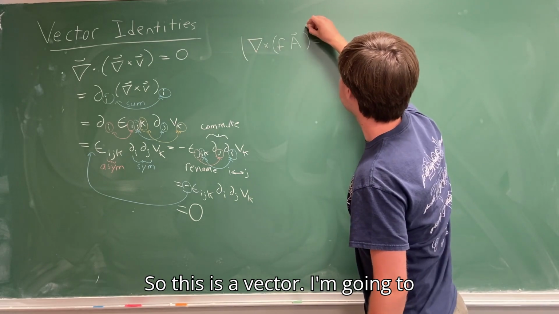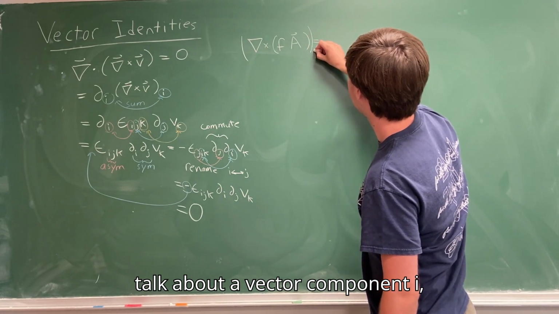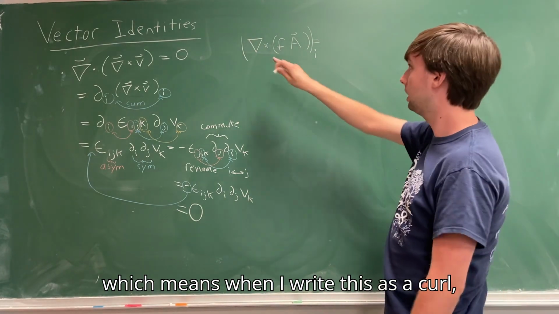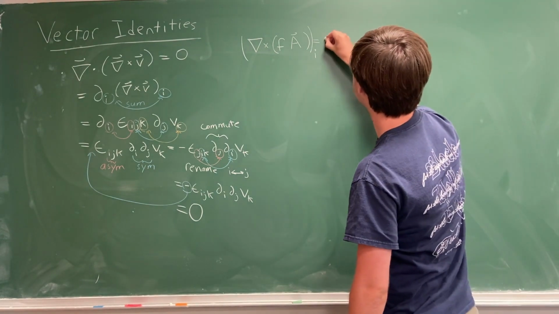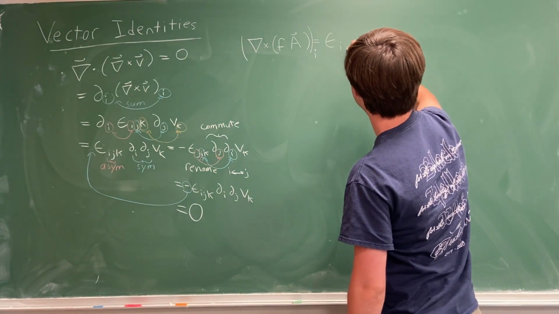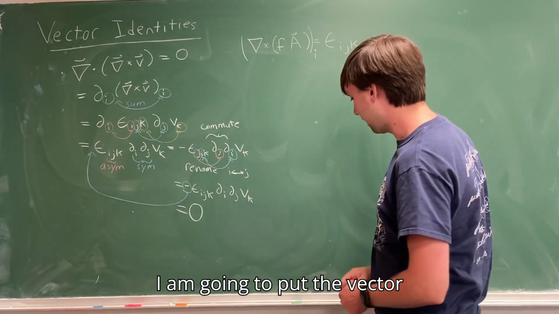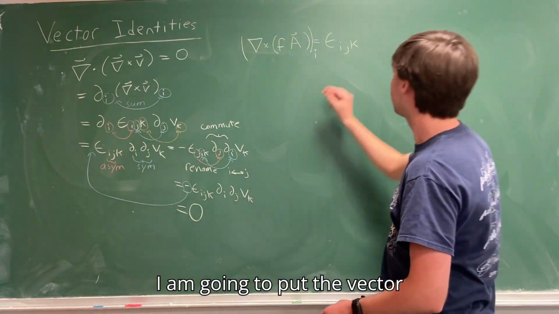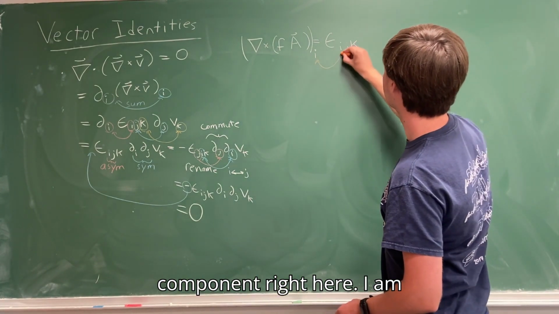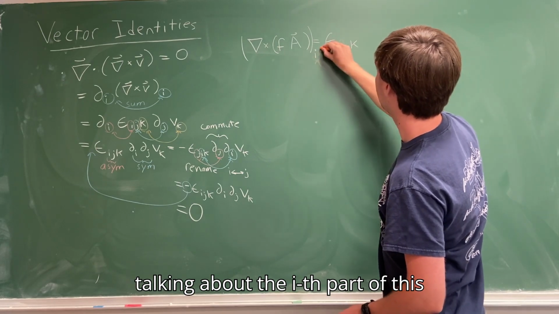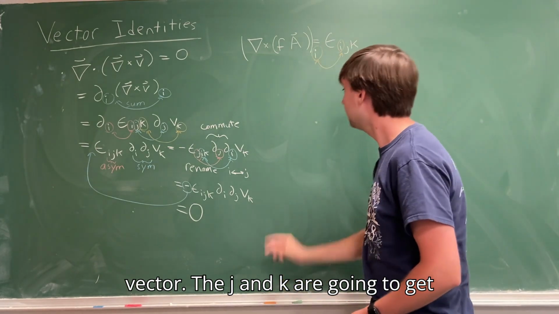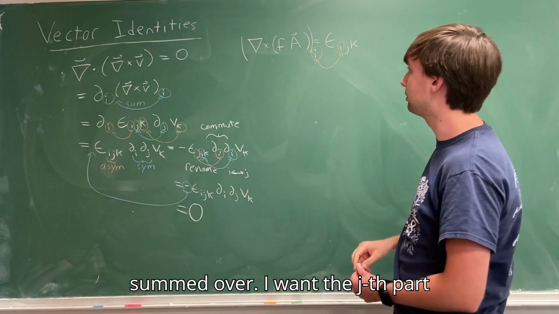So this is a vector. I'm going to talk about vector component i, which means when I write this as a curl, I am going to put the vector component right here. I am talking about the ith part of this vector, then j and k are going to get summed over.